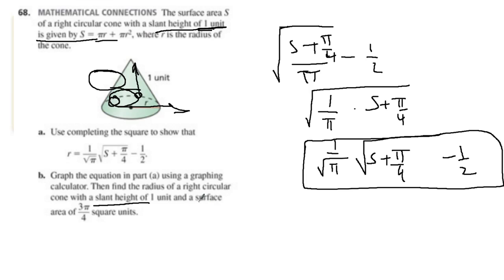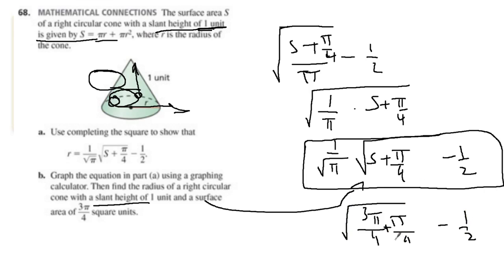So we just have to put the surface area in here. S is 3 pi over 4. So 3 pi over 4 plus pi over 4 is 4 pi over 4, which is just regular pi.